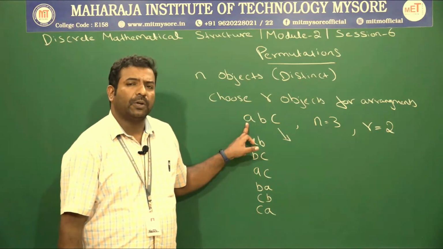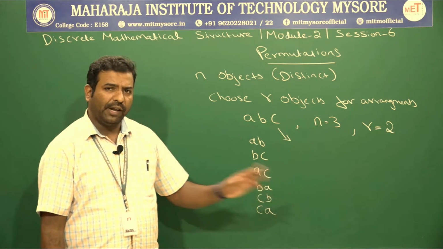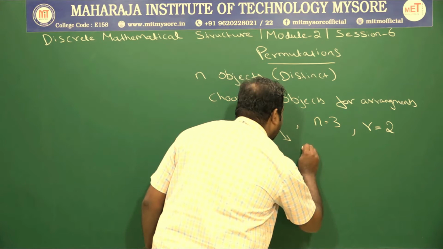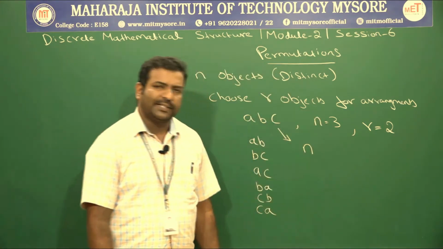How many options have you got? You have got three options. Now what is the value of n? It is 3. Can I say this as n options? I got n options because n is 3.